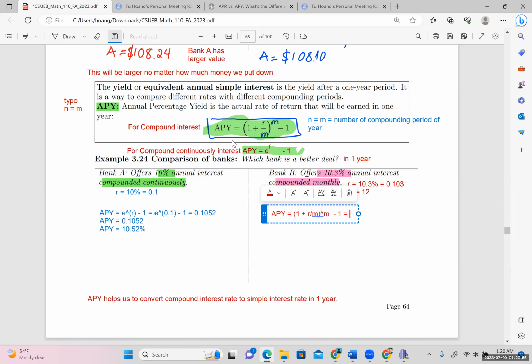I have, maybe I'm gonna write it out here, 1 plus 0.103 divided by M, which is 12, raised to the power 12, and minus 1. Okay, so calculate the time.